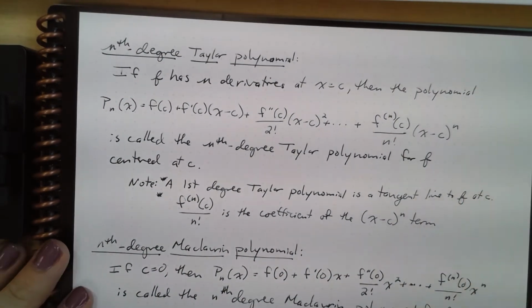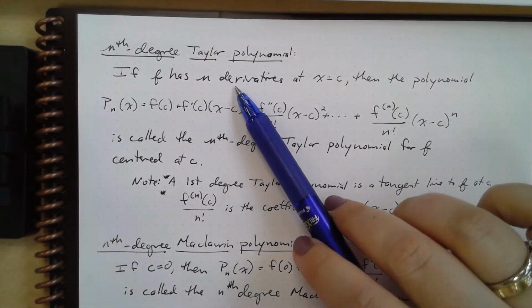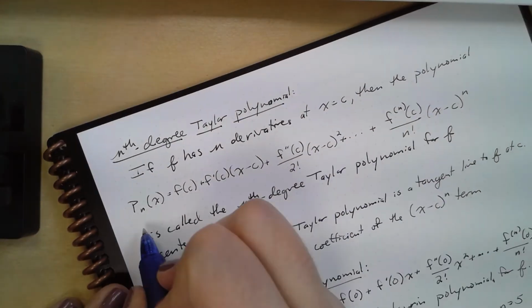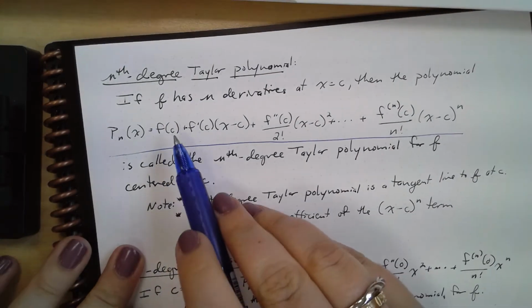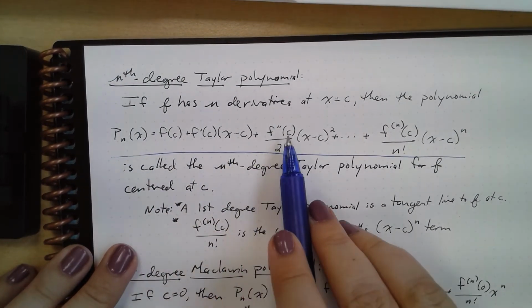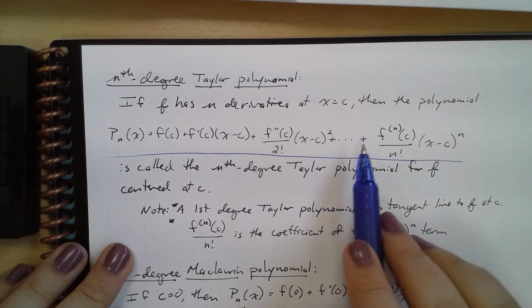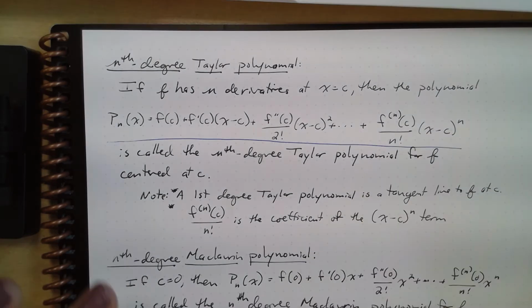So let's move on here and define what these are. So an nth degree Taylor polynomial. If f has n derivatives at x equals c, then the polynomial p sub n of x is equal to f of c plus f prime of c times x minus c plus f double prime of c over 2 factorial times x minus c squared plus and so on, up to f to the n of c over n factorial times x minus c to the n power.